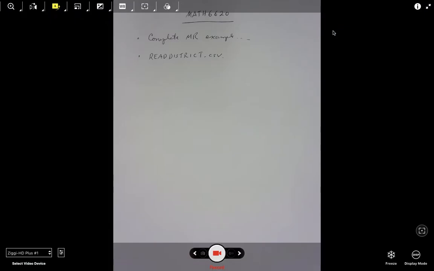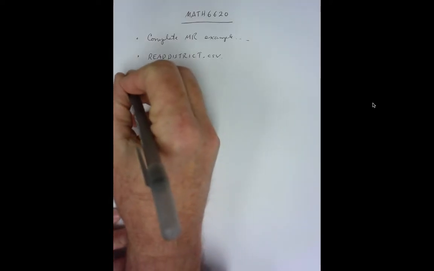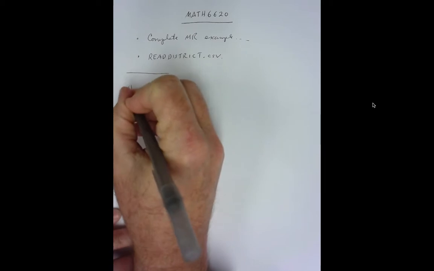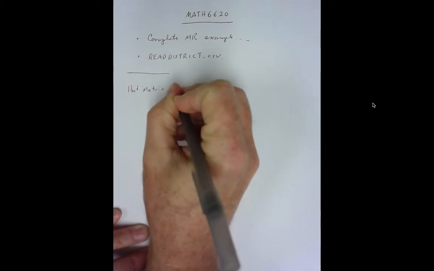Let me back up a little bit and tell you a little bit about the hat matrix. The hat matrix plays a special role in matrix operations on performing multiple regression techniques.